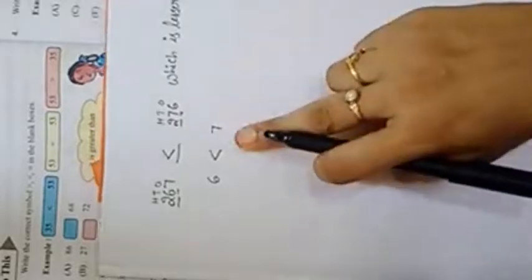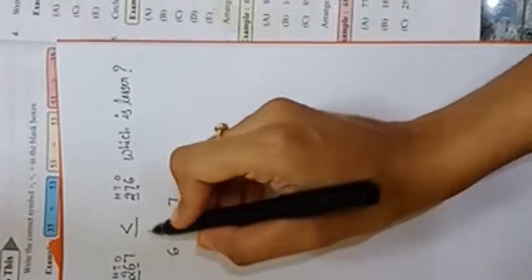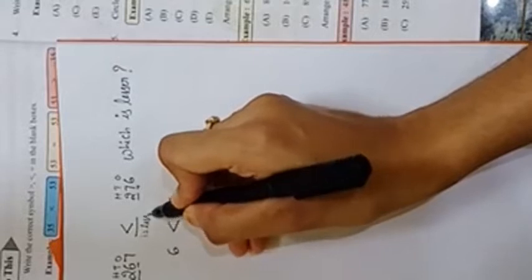Now, after observing this, you have to answer here. Between 267 and 276, which is lesser? In this example, which is lesser is asked. So once you read, 267 is less than 276.